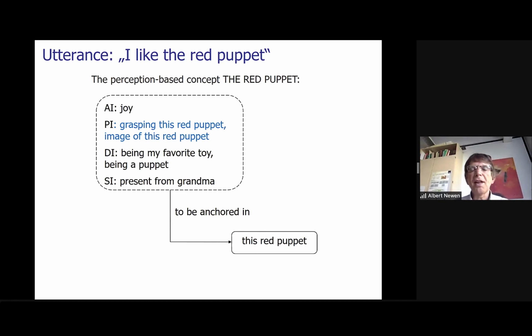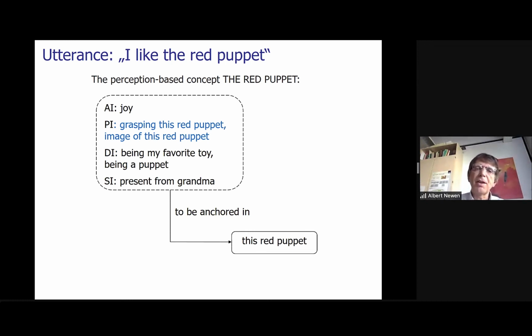Now let us have a look at a certain typical structure of conceptual information. This is a perception-based concept. Think about a young infant of 9 months, which has a red puppet. If I put in the descriptive information, now we have to think about maybe a 3-year-old, which is linguistic. Then we have all the information.